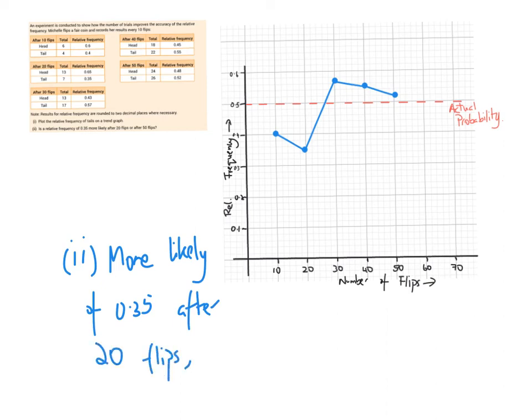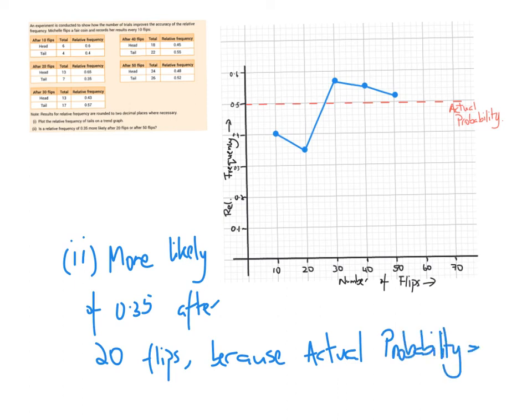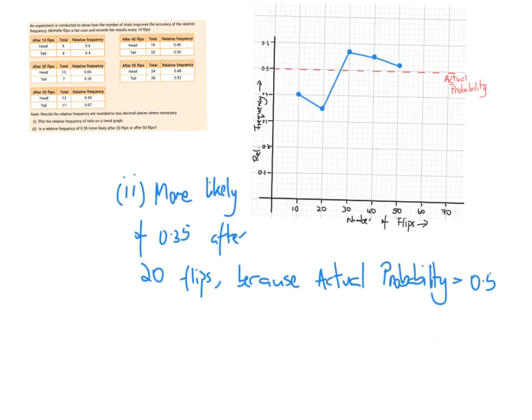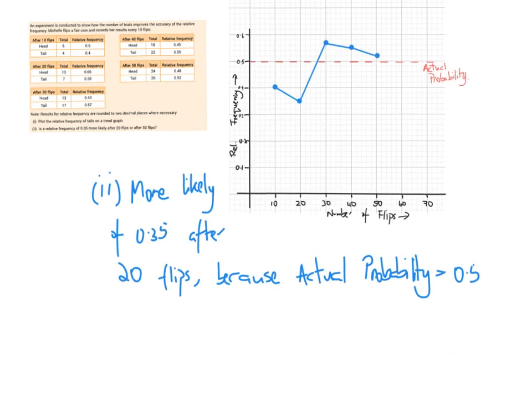Because the actual probability in this case is equal to 0.5, and as we have said, as you increase the number of trials, the relative frequency becomes more accurate.